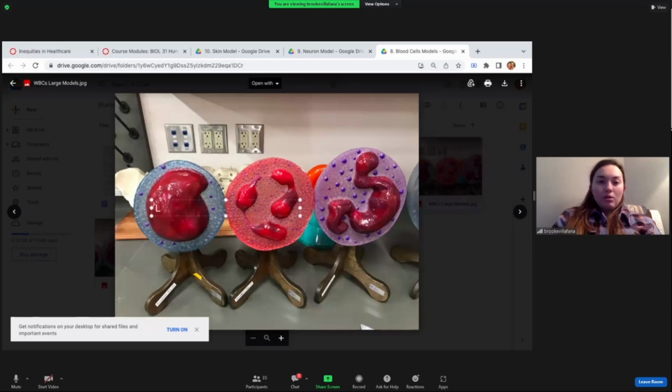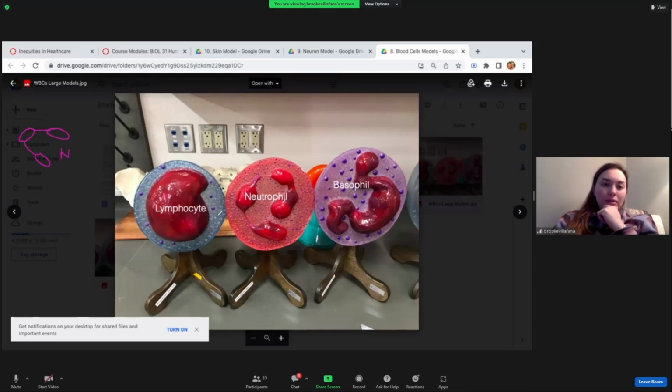So this is your lymphocyte, okay? This one is your neutrophil, and this is the basophil. The neutrophil always kind of has this appearance to it where it has these like three little strands that are connected, right? And lymphocyte is always mostly a blob, basically.